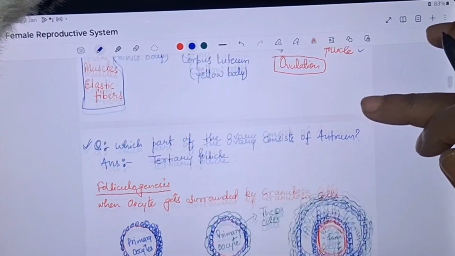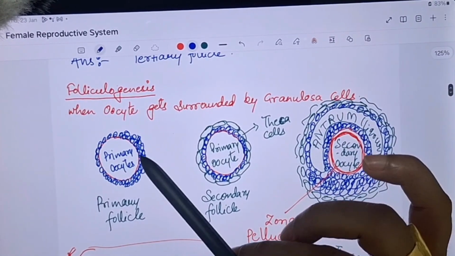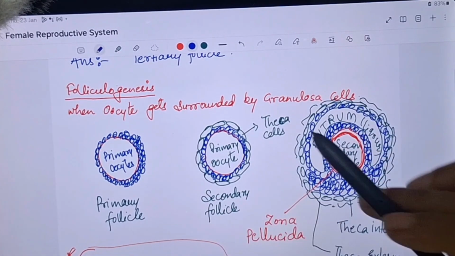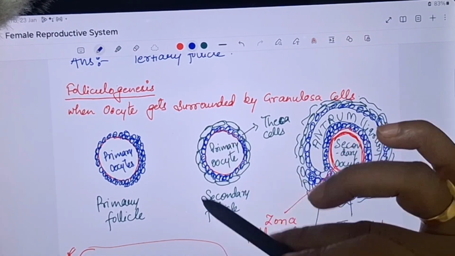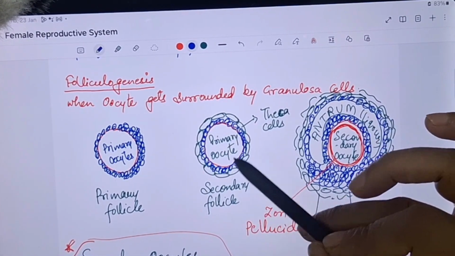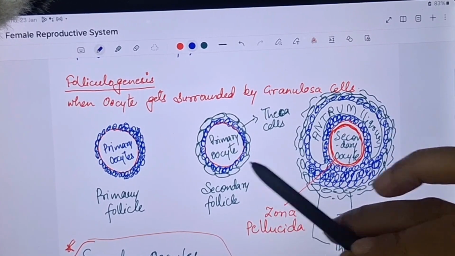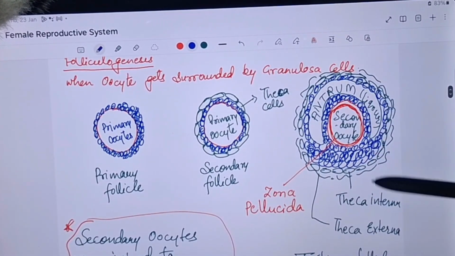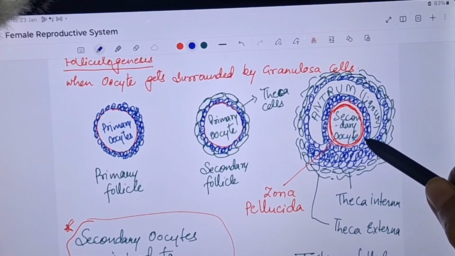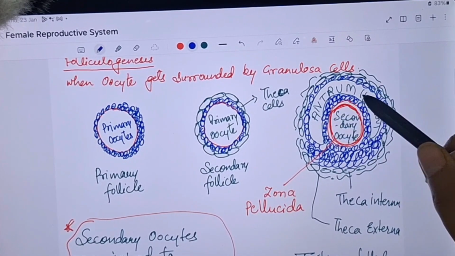Now, how this follicle matures, I am just giving you a broader picture. This is the primary follicle where the oocyte gets surrounded by the granulosa cells. This primary oocyte has the outermost theca cells, and the secondary follicle is the structure which further matures into the tertiary follicle, where the internal structure will be termed the secondary oocyte, and this is the antrum or the liquor part.